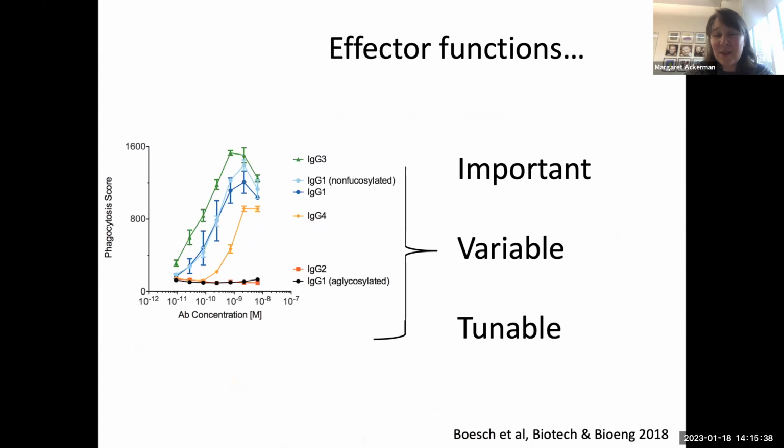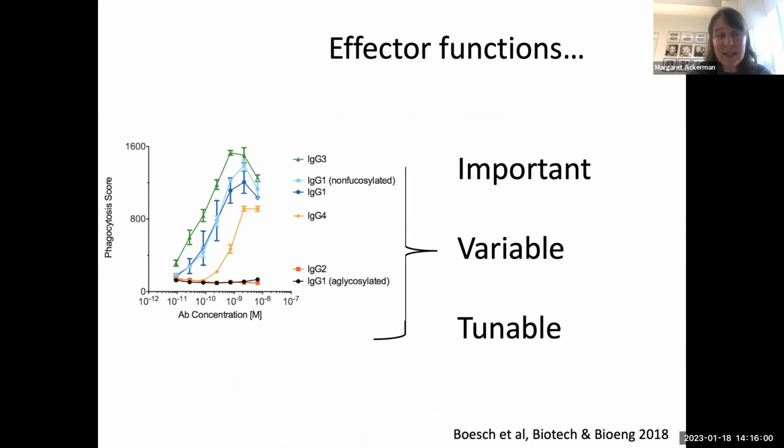So these activities are also variable, right? What I've shown here is an illustration of the same antibody that's been subclass switched from human IgG1 to 2 to 3 and 4, and aglycosylated in black or afucosylated in light blue.